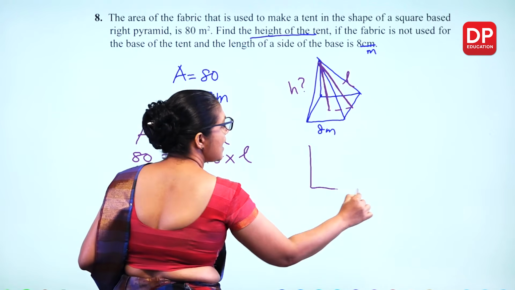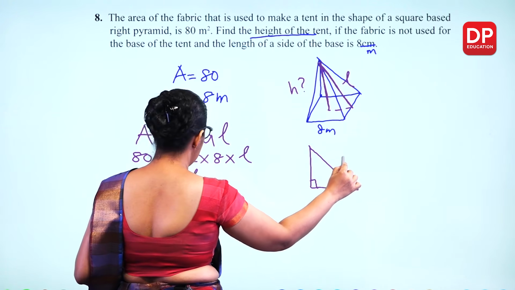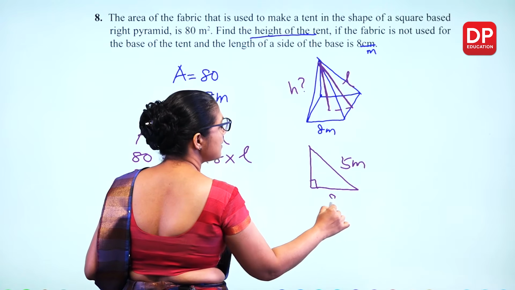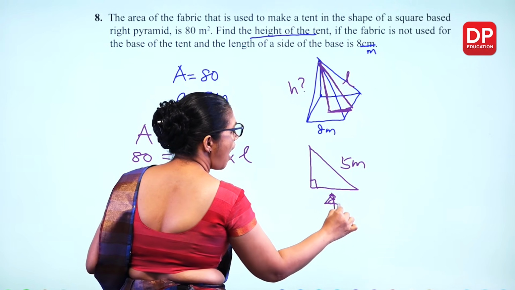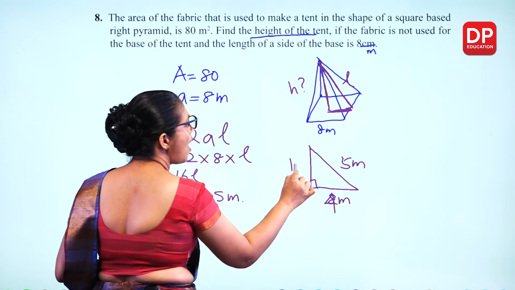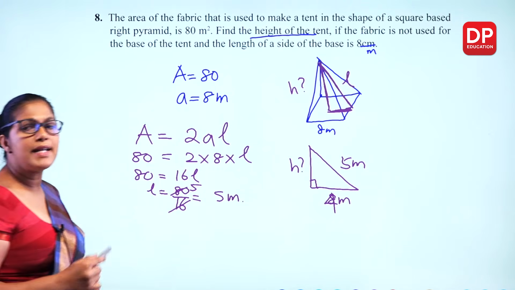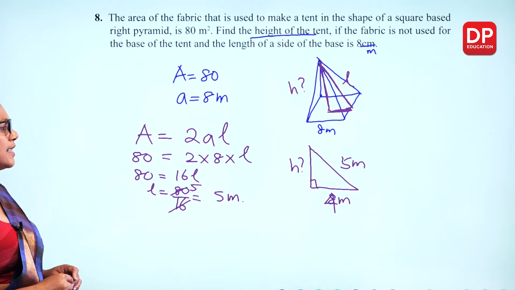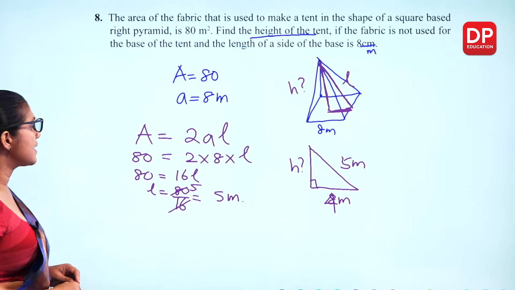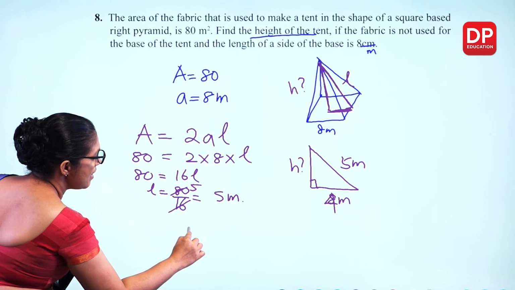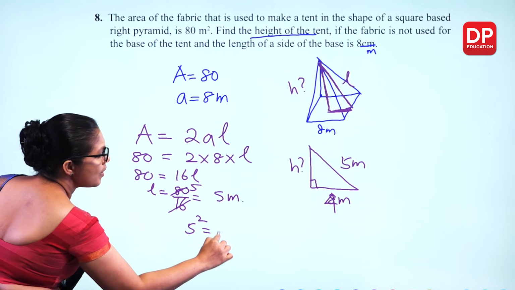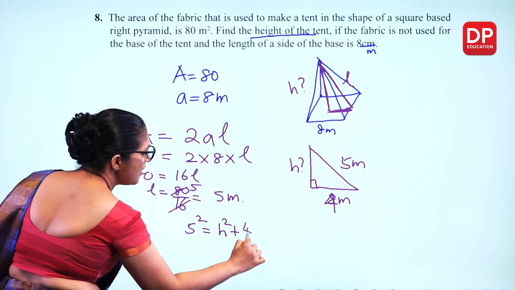After you get this L value, we know this is 5 meters and this is, what is this length? 4 meters, half of 8. And you are asked to find out the perpendicular height of the tent. So we can use Pythagoras theorem again. According to Pythagoras theorem, 5 squared is equal to h squared plus 4 squared.